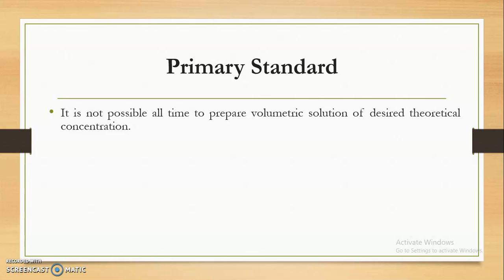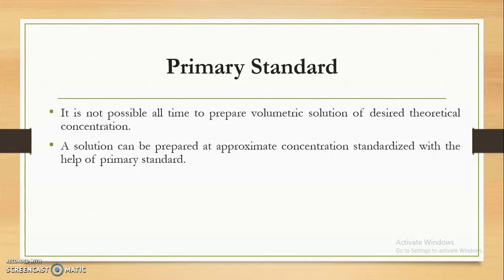Now in this case, if we want to prepare an exactly concentrated solution of, say, 1 normal sodium hydroxide, it is not always possible to prepare exactly a 1 normal solution of that particular sodium hydroxide. The solution can be prepared at an approximate concentration. Approximate concentration means up to near 1, we can prepare different solutions which have different concentrations, which are then standardized with the help of the primary standard.